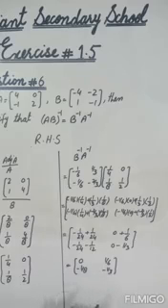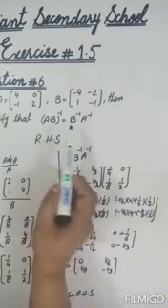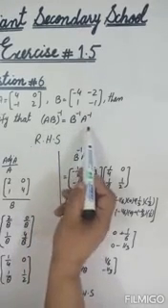Now it is proved that left hand side is equal to right hand side, because the answer of the left hand side is also equal to 0, 1 by 6, minus 1 by 8 and minus 1 by 3. Now it is proved that AB whole inverse is equal to B inverse A inverse.